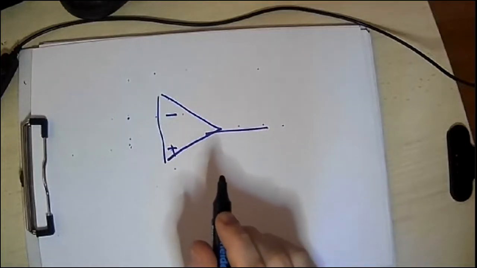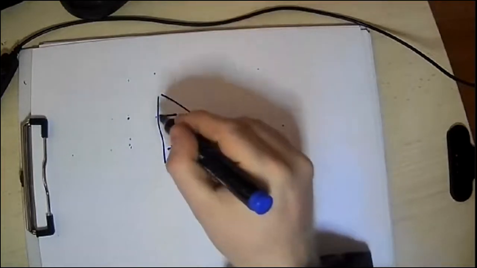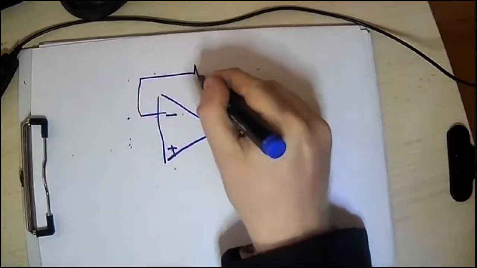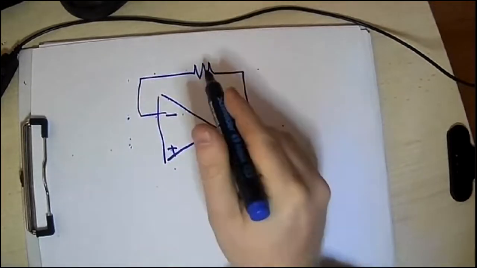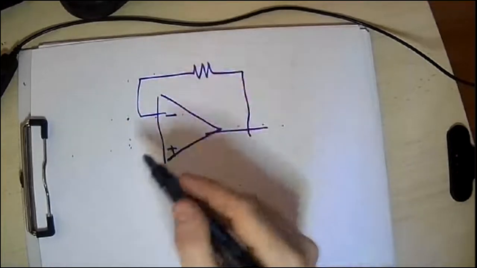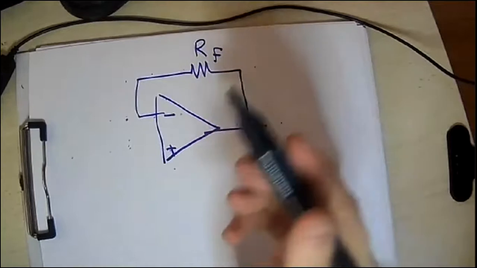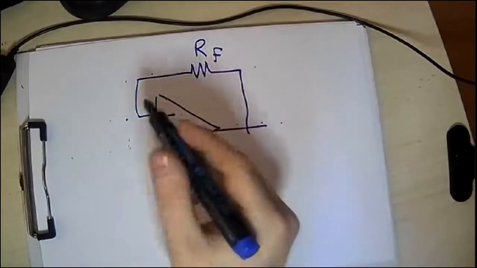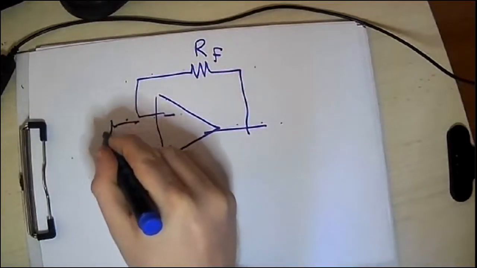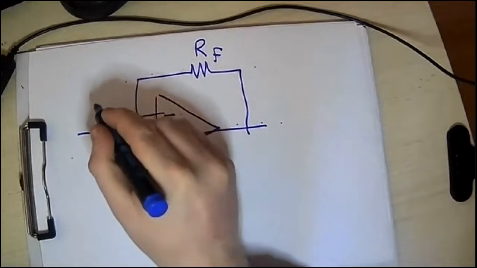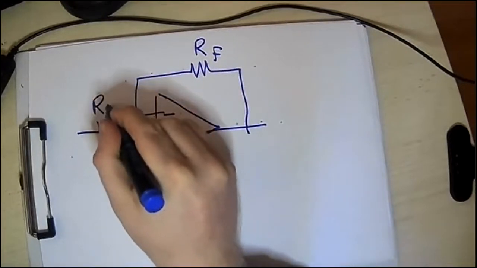We have the resistance. We can call it R2 or RF. Some textbooks call this RF to refer to this as a feedback resistor. So let's call it RF. You can of course say we call it R2 or whatever. And we have another resistance here. Let's call it R1.